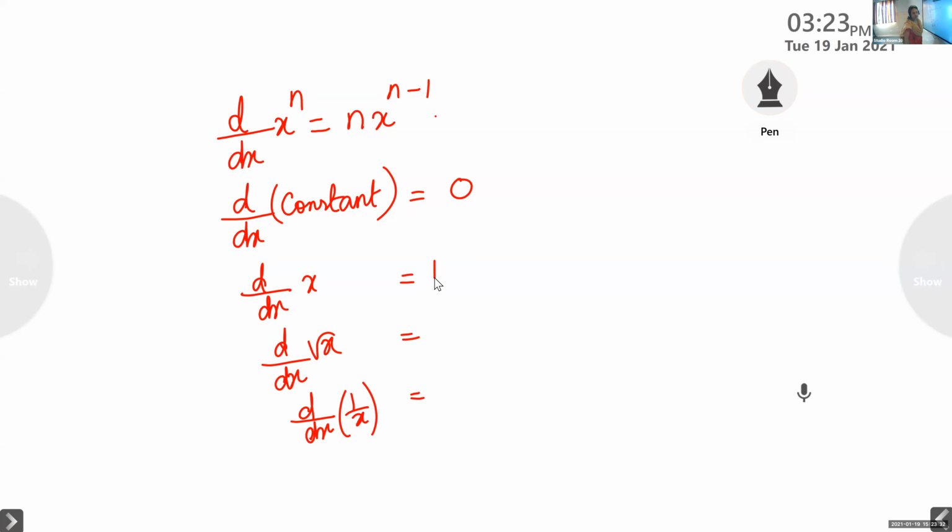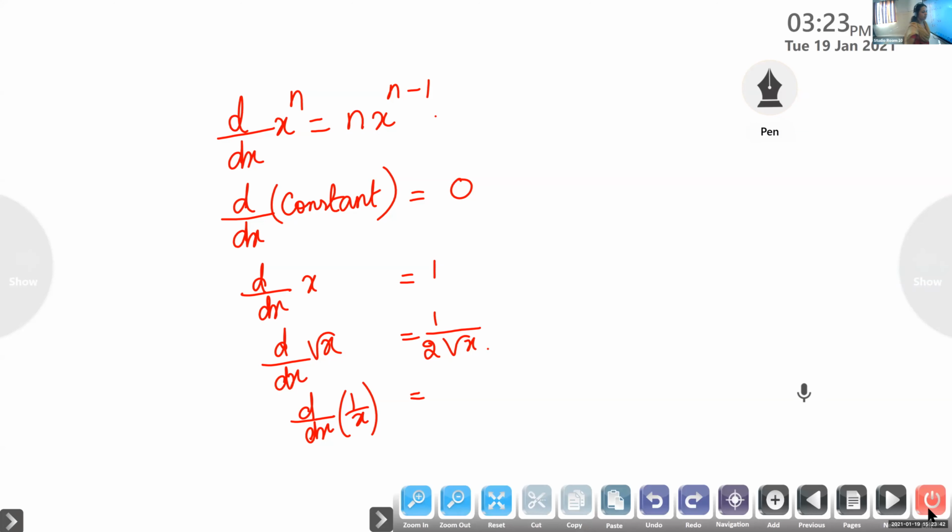The derivative of root x is 1 by 2 root x. Very good. The derivative of 1 by x is minus 1 by x square.